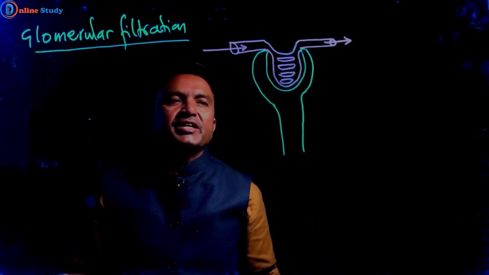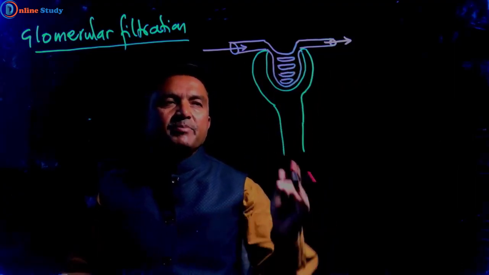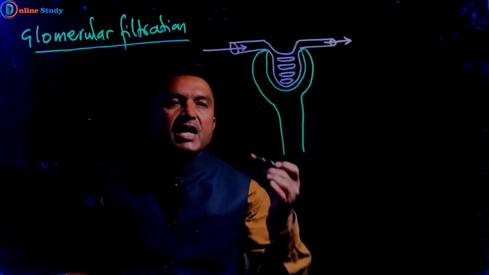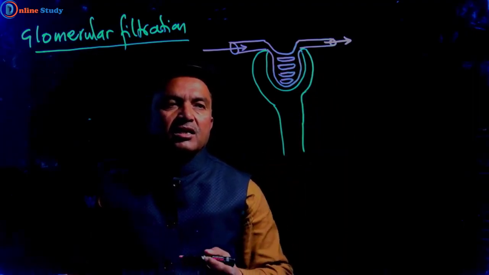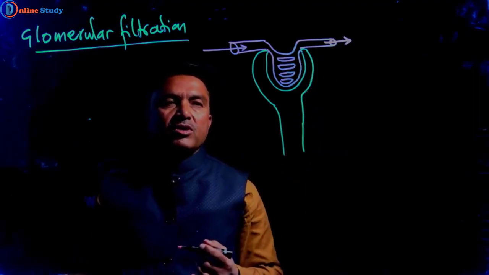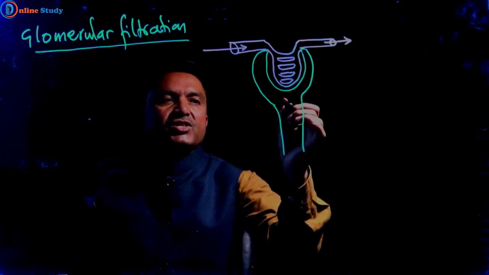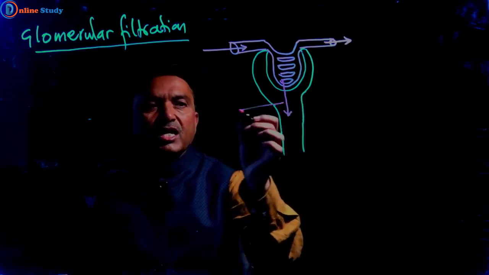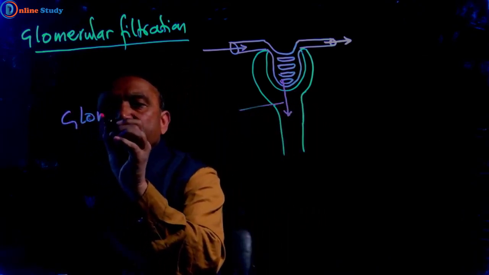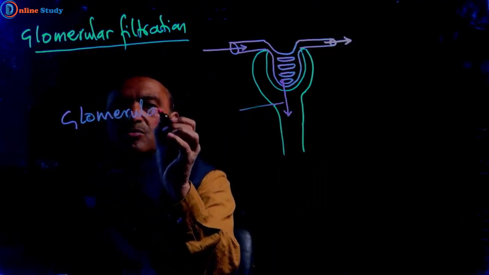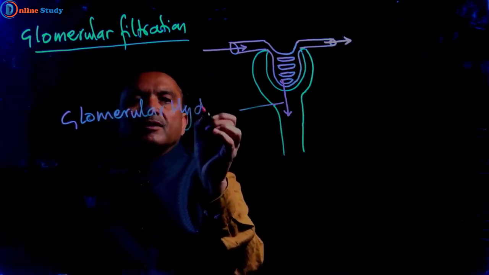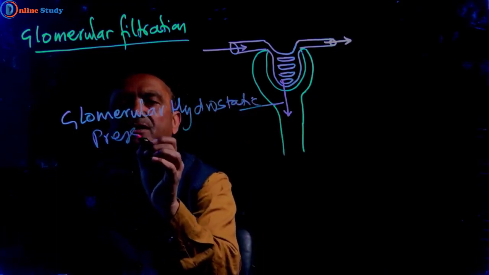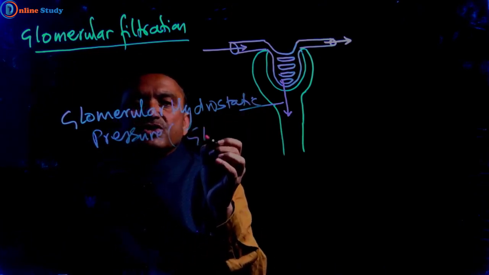So very high pressure is created in this glomerulus, tuft of capillaries, and that is known as glomerular hydrostatic pressure. We can write it GHP.